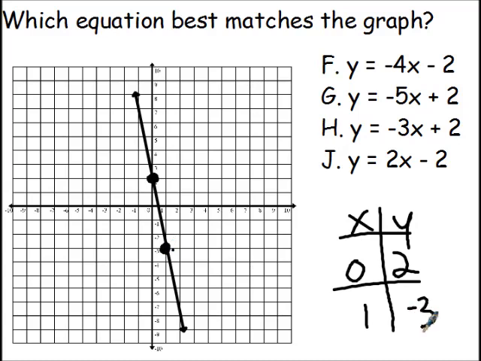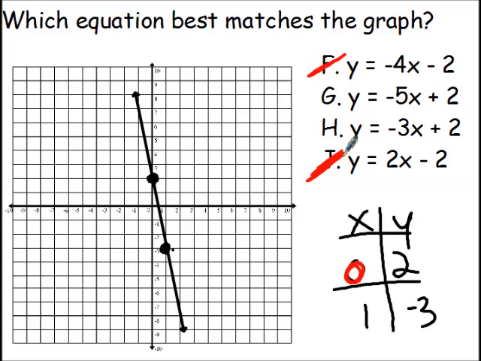Again, 0 is the easiest one to substitute, because 0 times anything is simply 0. So each of these I will have 0 and then minus or plus a number. Would you need to add 2 or take away 2 in order to get 2 for your answer? You would need to add 2. So the ones that subtract 2 would be wrong. And we'll be left with one of the other answers.